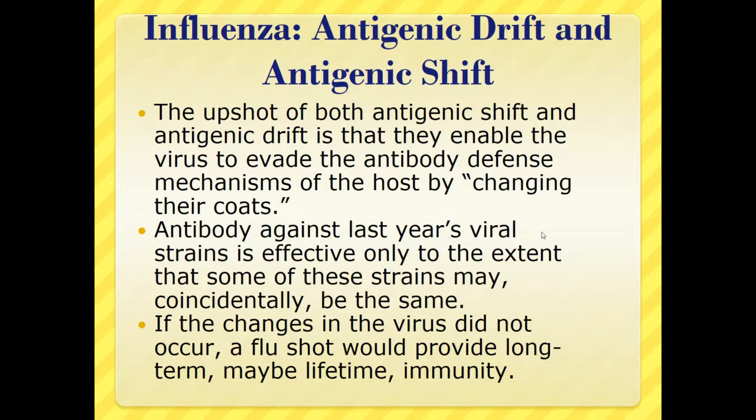This is why we need a flu vaccine every year, because we're constantly getting new viral strains that are put into the environment. And if you received a vaccine against the white coat and you produce antibodies against the white coat, but this year's flu wears a blue coat, then you don't have protection against that blue coat.